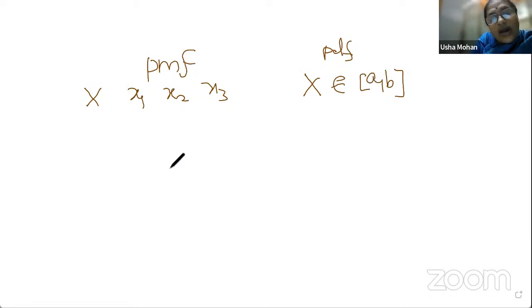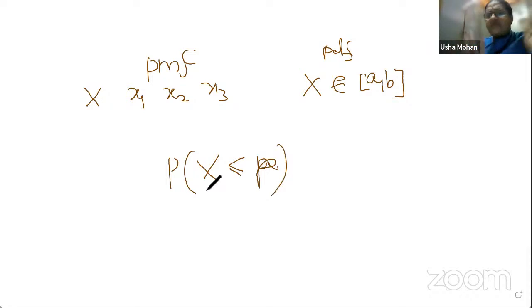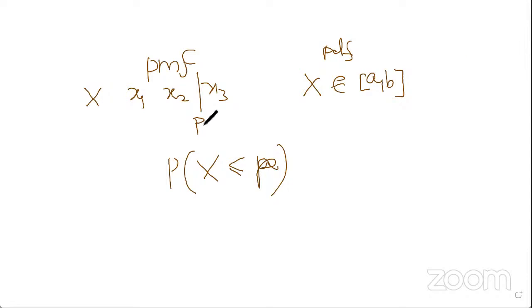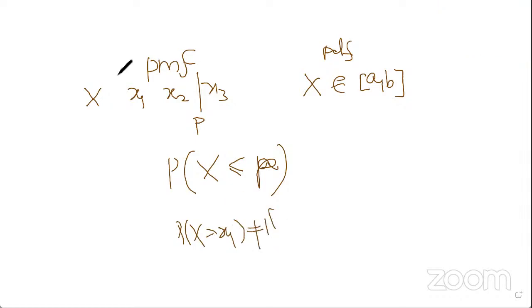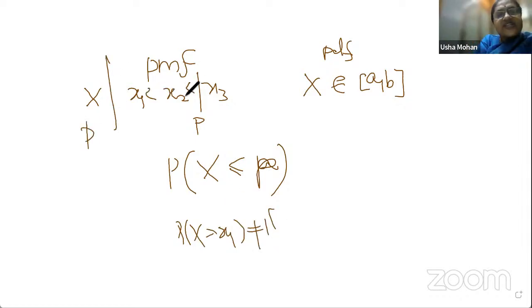Now I'm interested in knowing the chance that x is less than or equal to some p, where p is some real number. If p is here, what is the chance that x is less than or equal to p? It is the sum of the probabilities of x1 and x2: probability x equal to x1 plus probability x equal to x2. Is it right? Yes, ma'am. Now, if p is here, suppose x1 is less than x2 is less than x3.